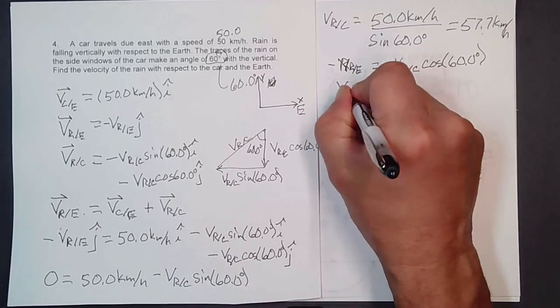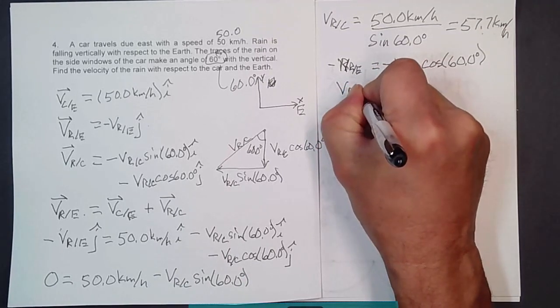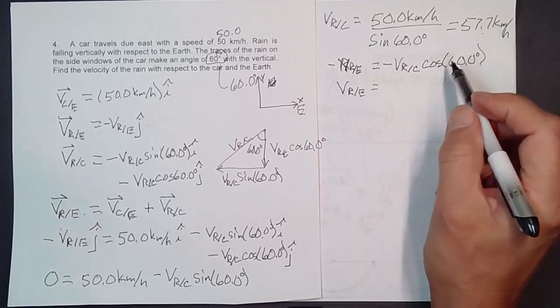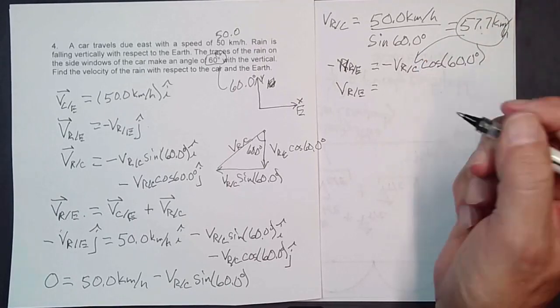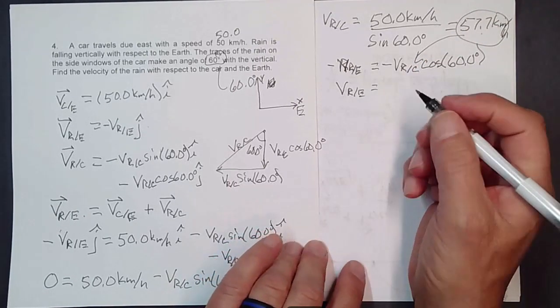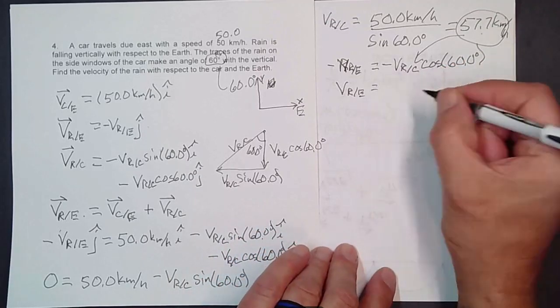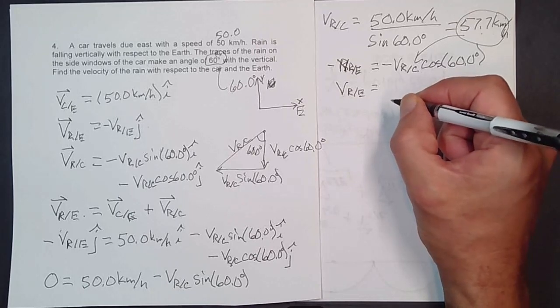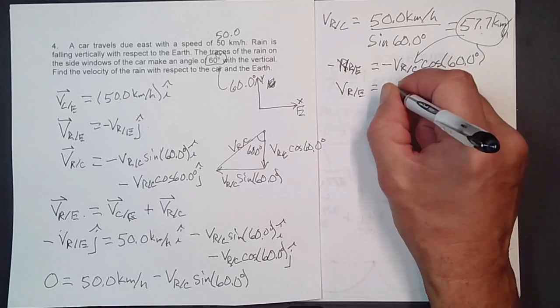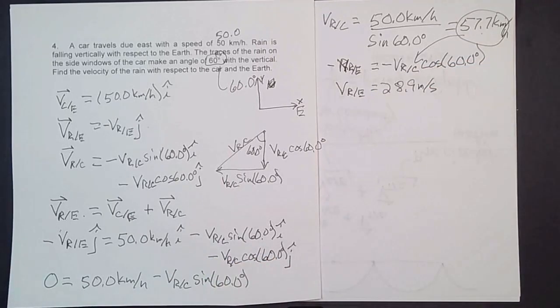I can take this value, drop it in there since I figured out its magnitude. I get that the velocity of the rain with respect to the earth in magnitude is 28.9 meters per second. And I think I know everything I need to know.